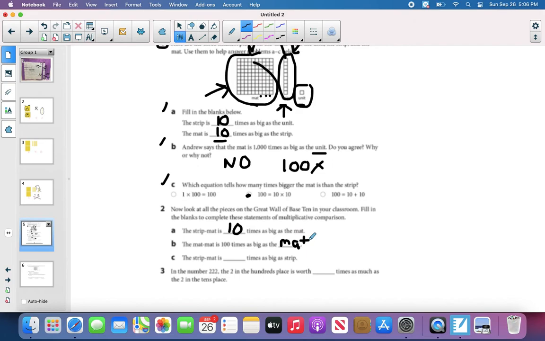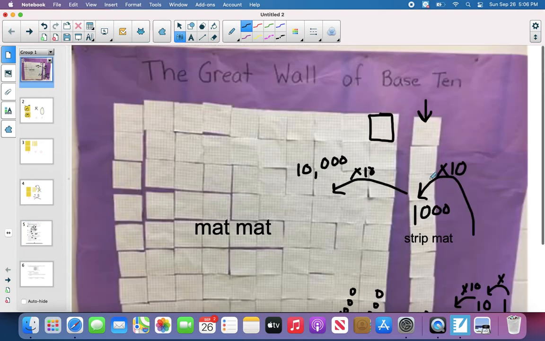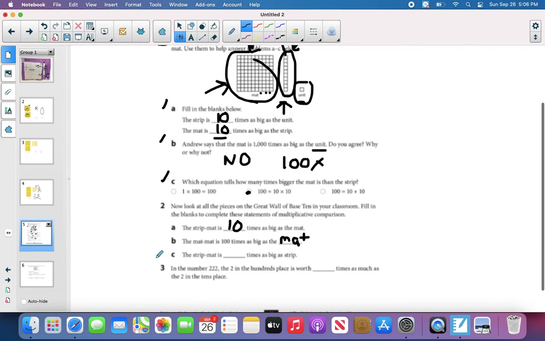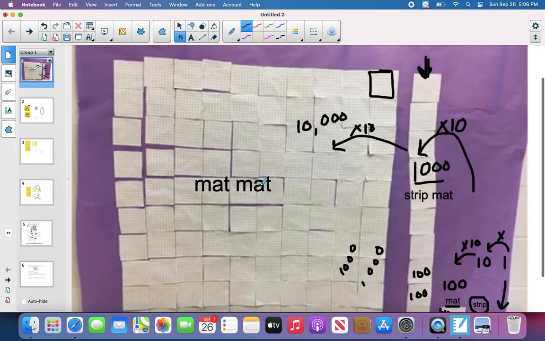C. Okay. The strip mat is blank times as big as the strip. A strip mat. So here's the strip mat right here, pointing to it. This is what it's worth. It's blank times as big as a strip.